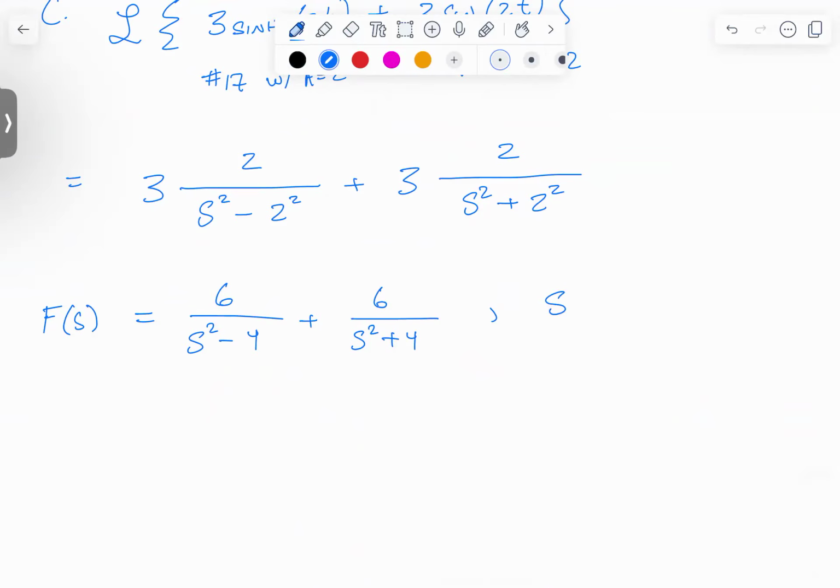So I could definitely say s greater than 0. Looking at the denominator here, is there an additional restriction? s can't be 2. So if it can't be 2, that means it has to be greater than 2.